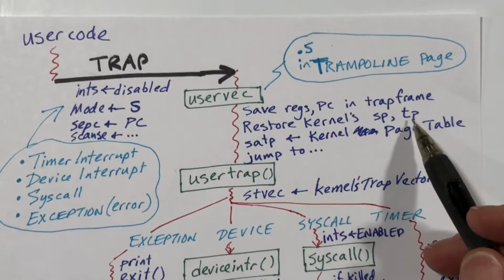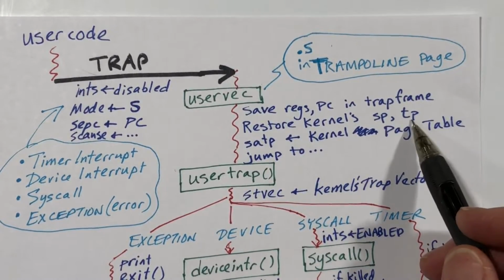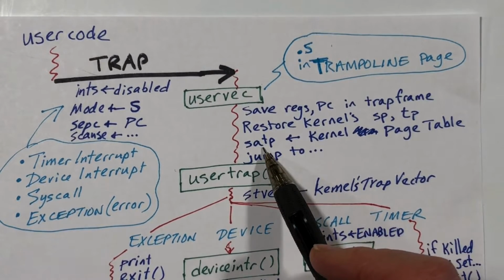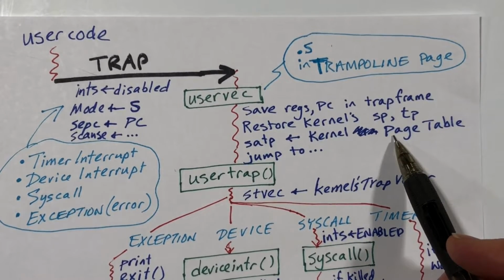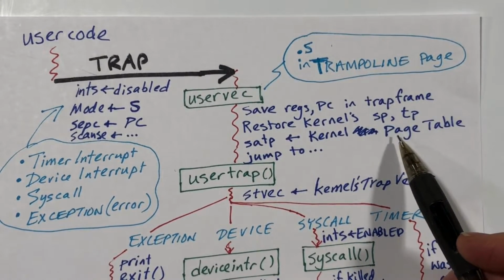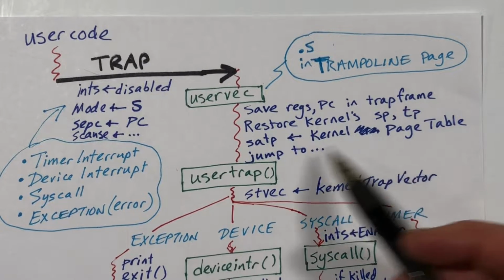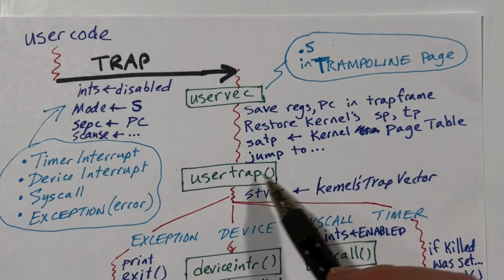We can't trust what values they might have had, so we need to load those, but we don't really need to load anything else. We then load the SATP control and status register with the pointer to the kernel's page table. So that will switch us effectively into the kernel's virtual address space. And at that point, we then jump into this function called usertrap.